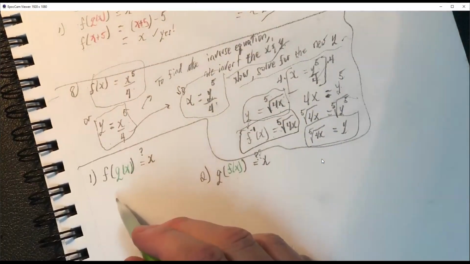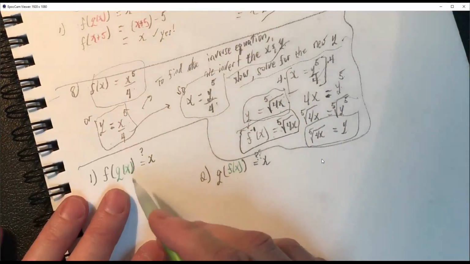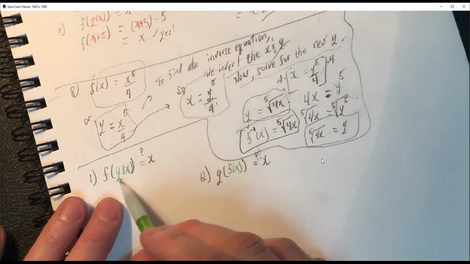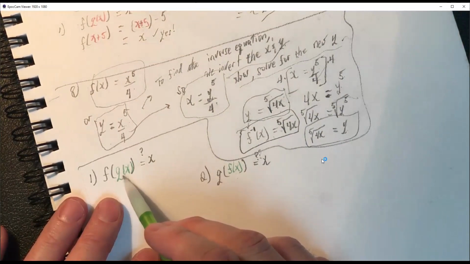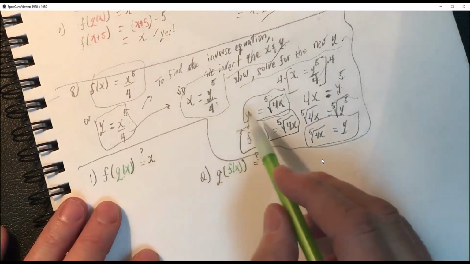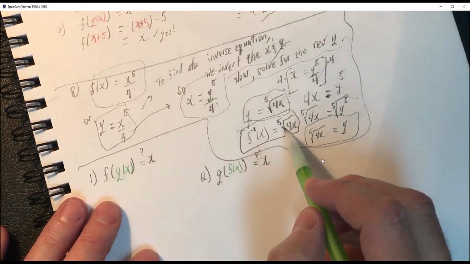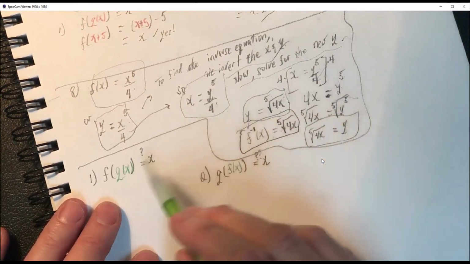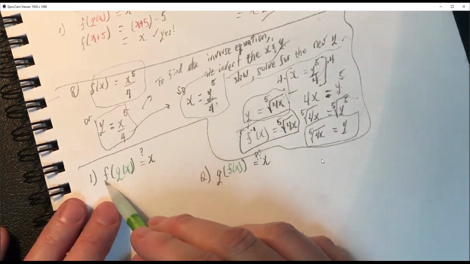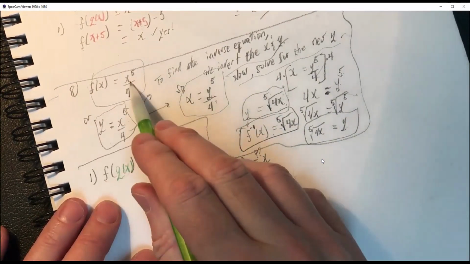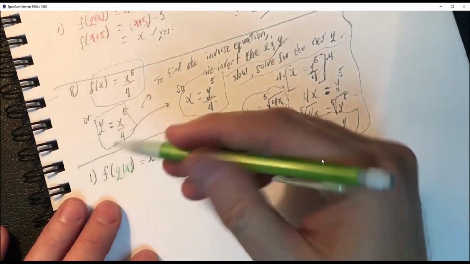So on this one, we take the range expression for g of x, which is not function f, the other one, which is this one. And we're going to plug that into function f. Well, here's function f. So let's write function f down.